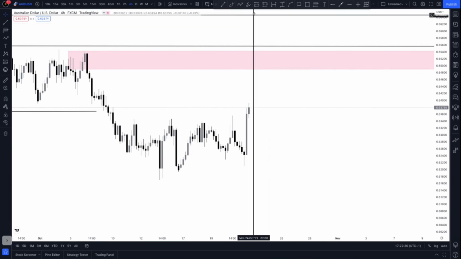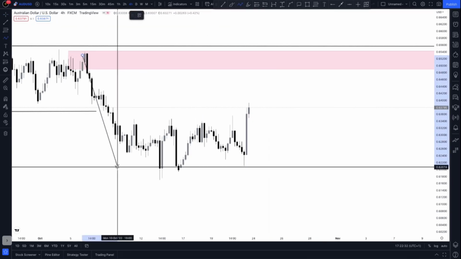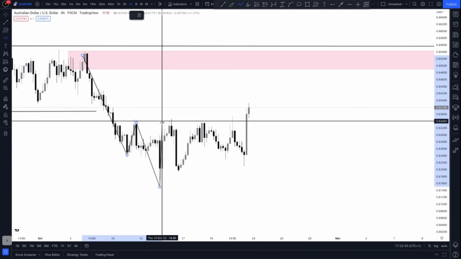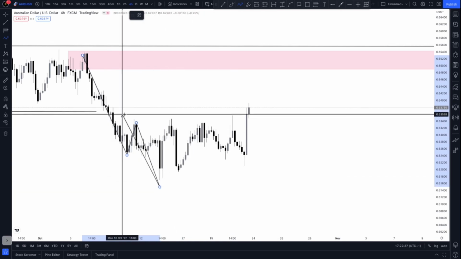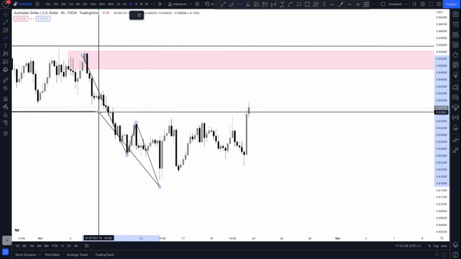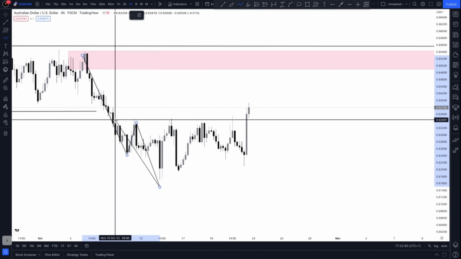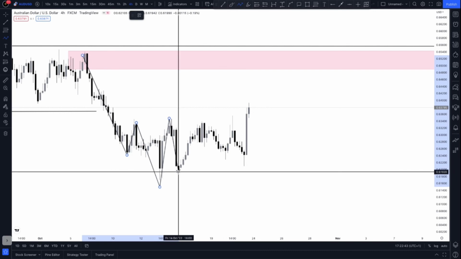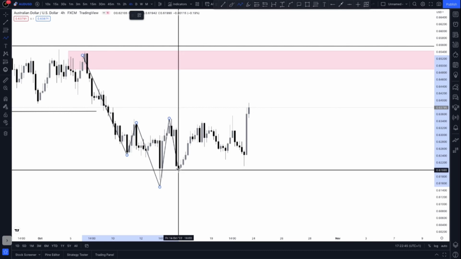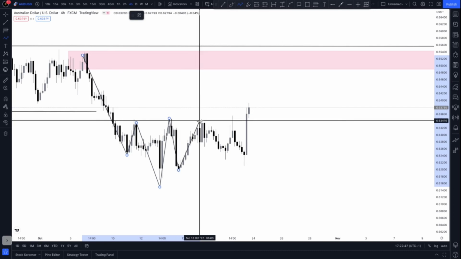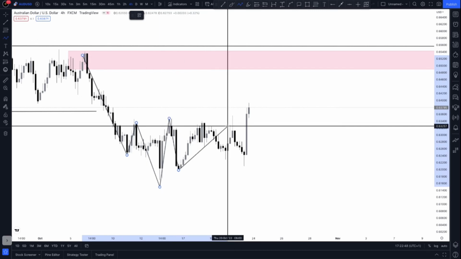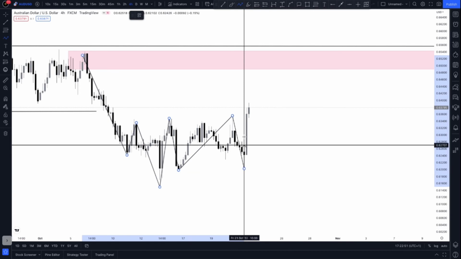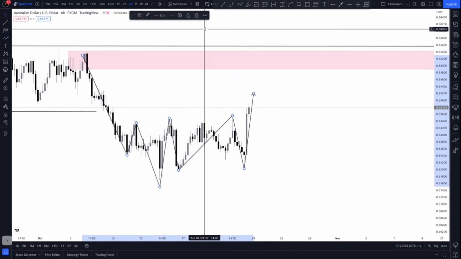We can clearly see on the lower time frame we had a series of lower lows and lower highs, and at that point the market completely took out this high here and created liquidity. But let's say it takes out that high and creates a lower high, a higher low at this point, and the market stopped in this liquidity and created a higher high there, higher low, and also a higher high.